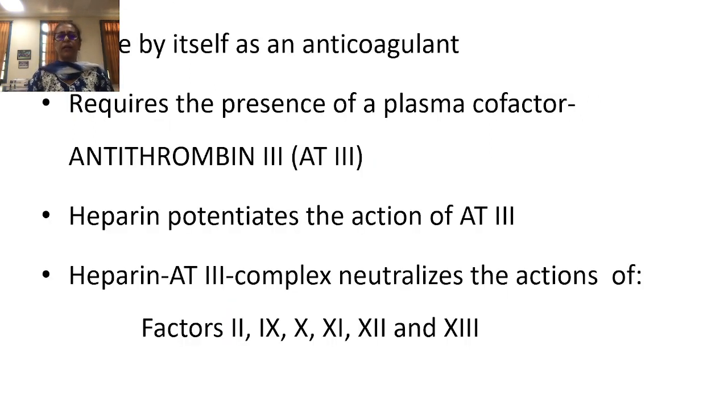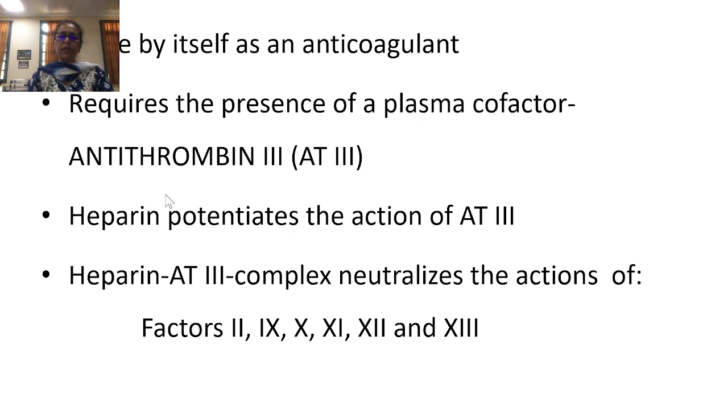Now what is the mechanism of action of heparin? How does heparin act? Heparin by itself is not an anticoagulant. It requires the presence of antithrombin 3, which is present in the plasma. It acts as a cofactor and only then is heparin able to produce its anticoagulant effect.